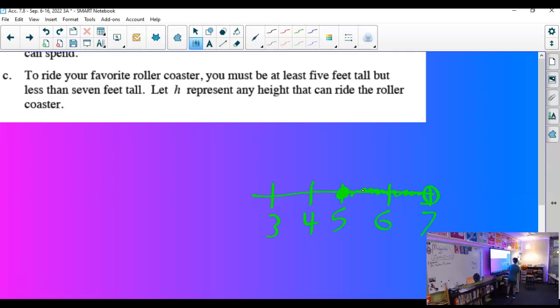You have to be less than 7, actually. So you can be 5 or more than 5, all the way up to 7, 6.11. Yeah. So since they say less than 7, it's not allowed to be equal. Thank you very much, Caden.